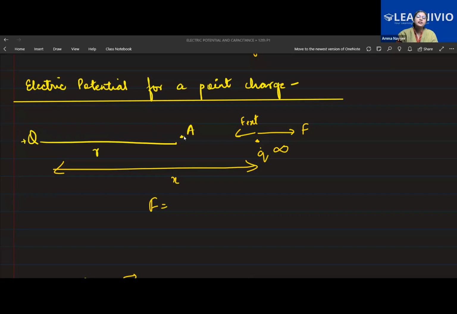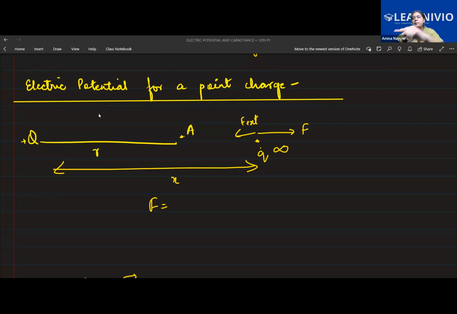The charge is not here. Where is the charge right now? At some x distance, till infinity there is some x distance. And we are trying to bring it from infinity to this point A, which is separated from capital Q by r distance. Basically, you have the small q, and you are trying to get it to a point A. What is this A point?